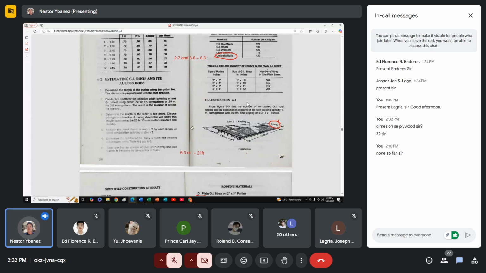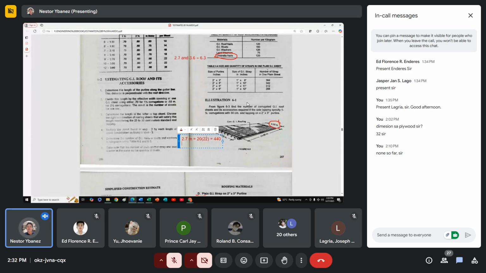For the 20 pieces of 2.7 meters, it equals 20 pieces times 22 nails each, which is 440.